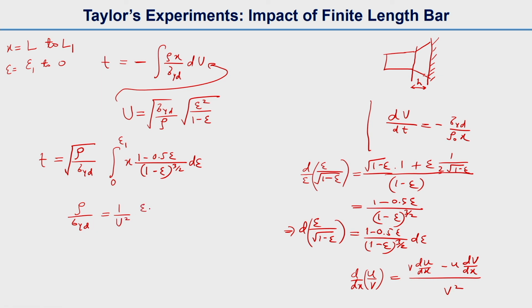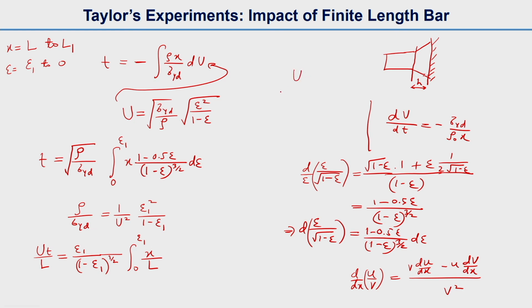We have a relation like this, and then what we can have from these two, u t by L equals the square root of epsilon 1 into 1 minus epsilon 1, integral from 0 to epsilon 1, L is coming from this L on the left hand side, and the u is nothing but also on the top.